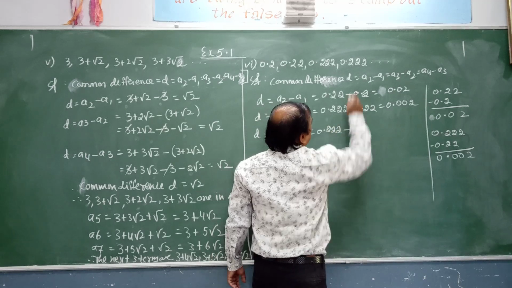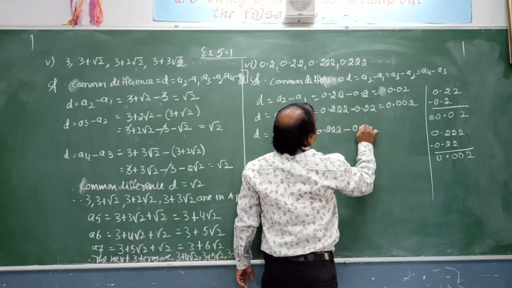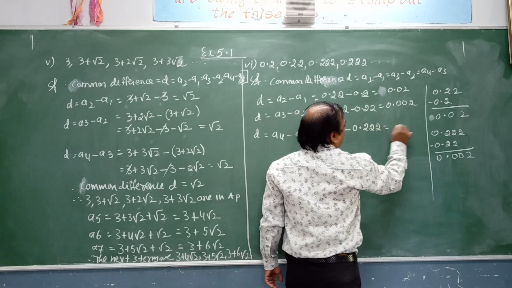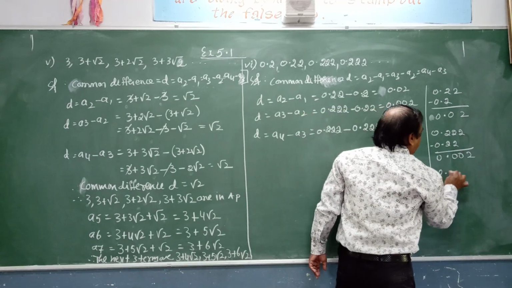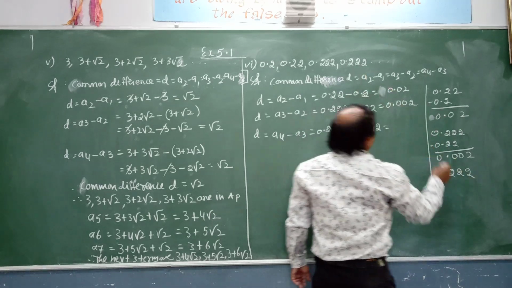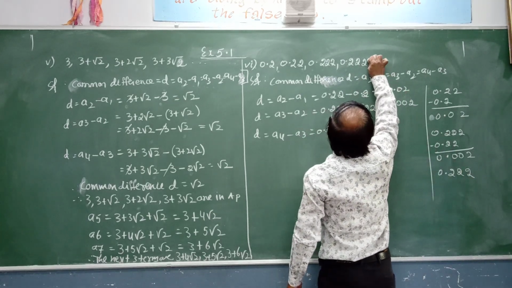0.2222, this is the fourth term, minus 0.222, which you subtract. So one more term has come.